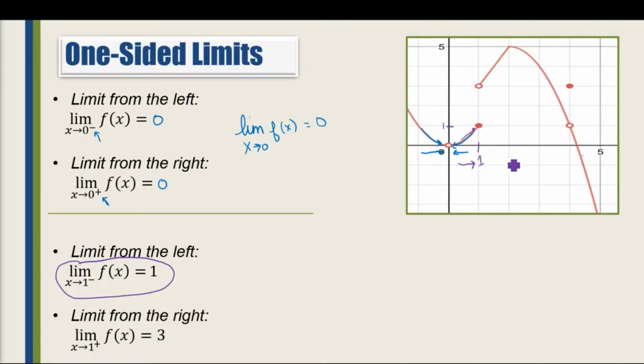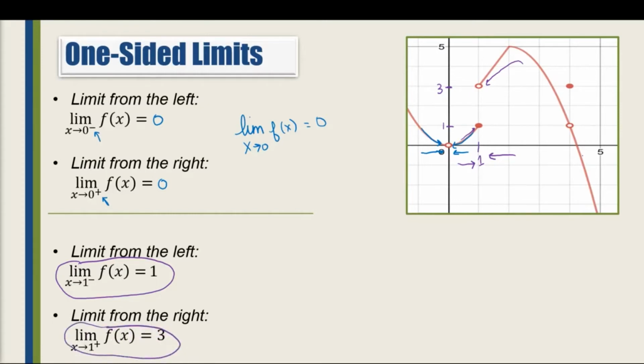And then if you look at what happens as x approaches 1 from the right, well, now our function is way up here. And so as x gets really, really close to 1 from this positive direction, the function is actually getting really, really close to 3. So the limit as x approaches 1 from the right of f of x is equal to 3.